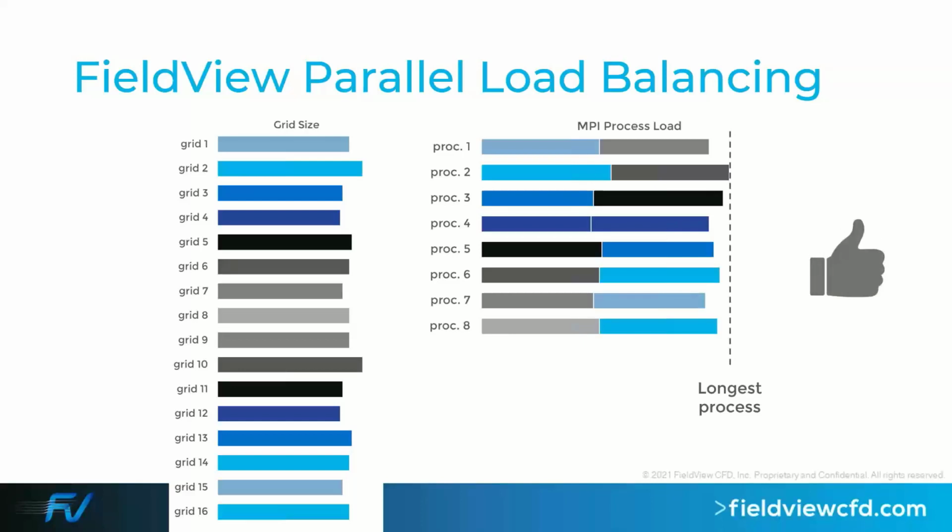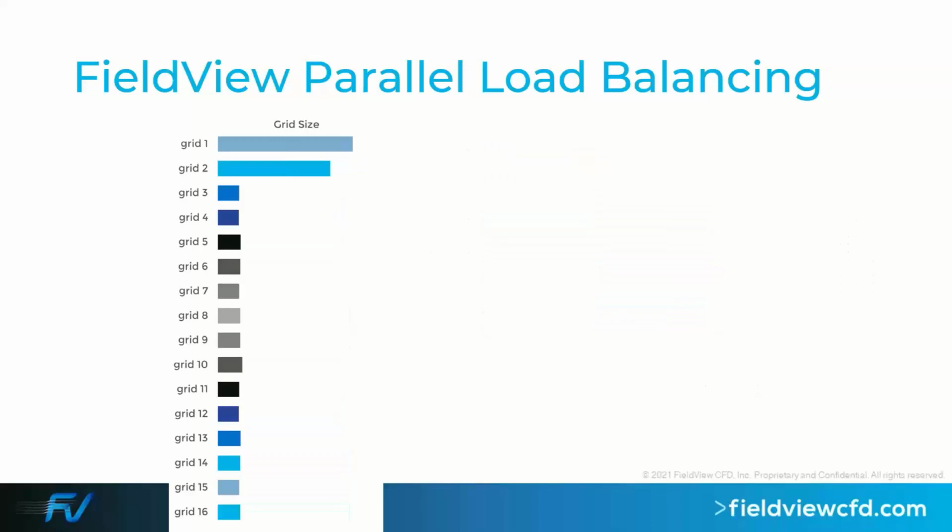But we're still looking at an ideal case here, 16 grids that are well balanced. What happens if you have blocks that are larger than the rest? Again, that comes easily through the meshing process for topological reasons. Some of your grids can be much larger than the rest.